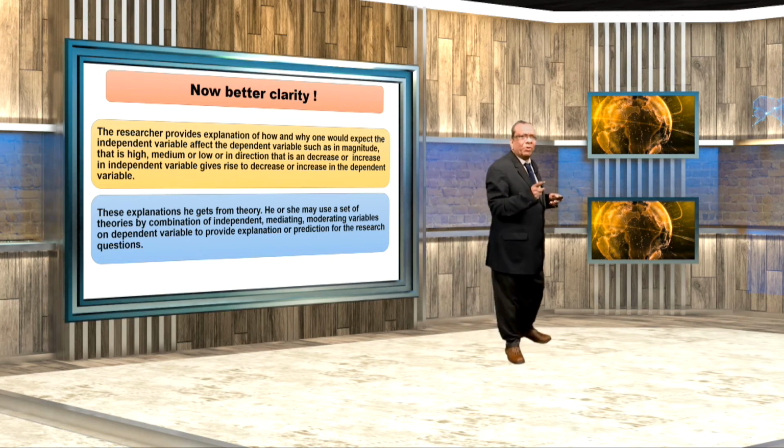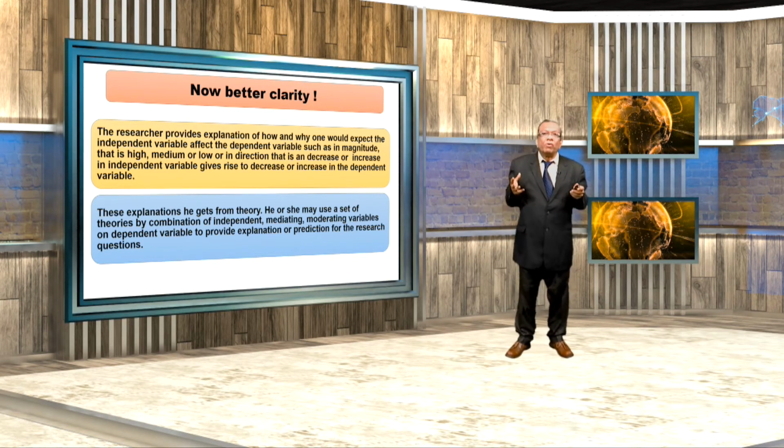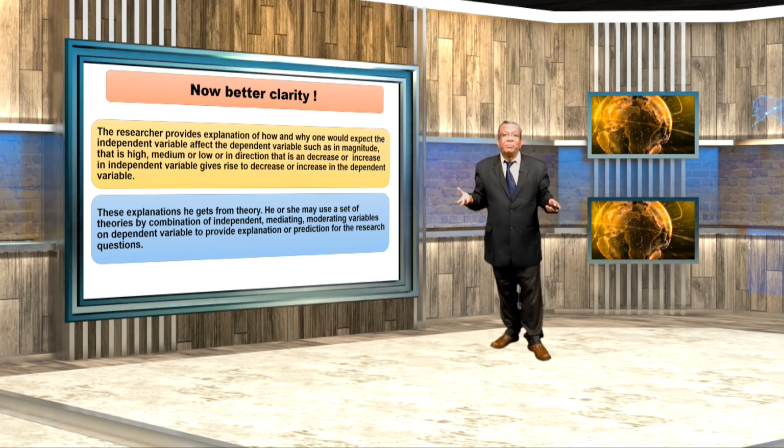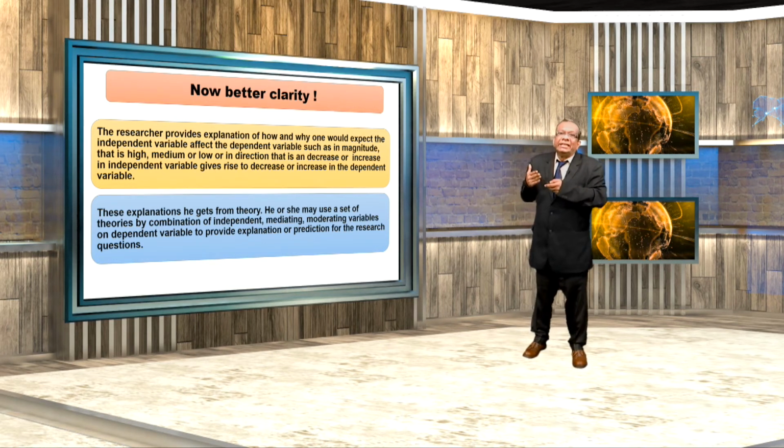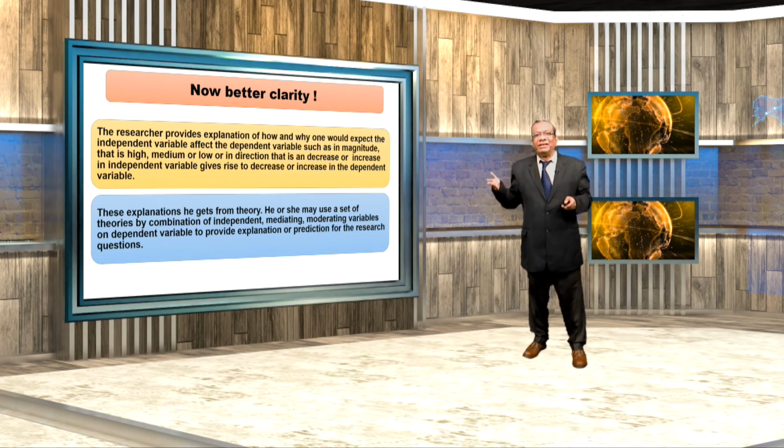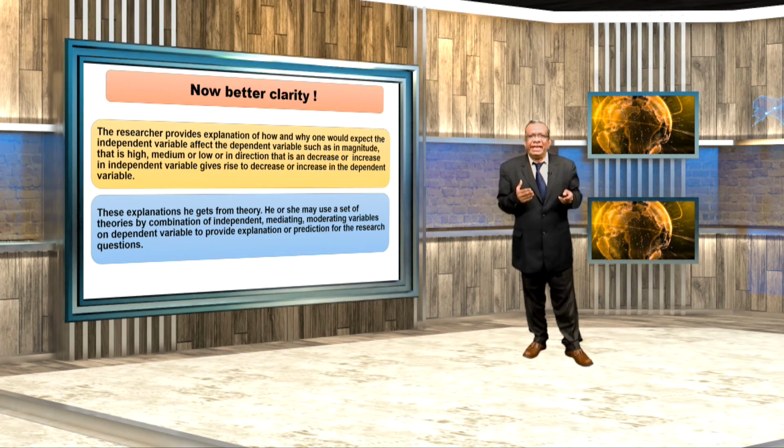The researcher provides an explanation of how and why one would expect the independent variable to affect the dependent variable, such as in magnitude, that is high, medium or low, or in direction, that is a decrease or increase in the independent variable giving rise to a decrease or increase in the dependent variable. These explanations he or she gets from theory.